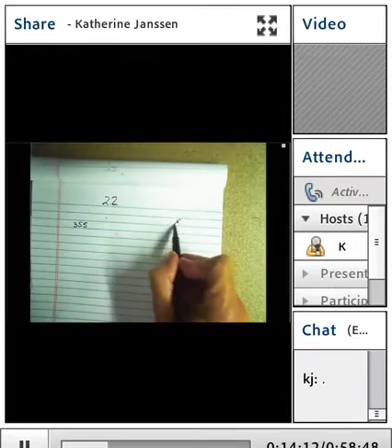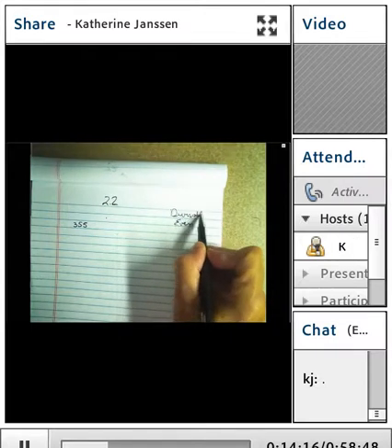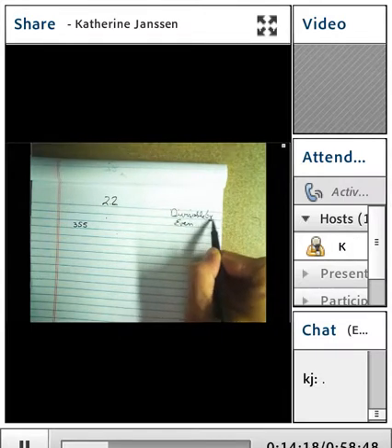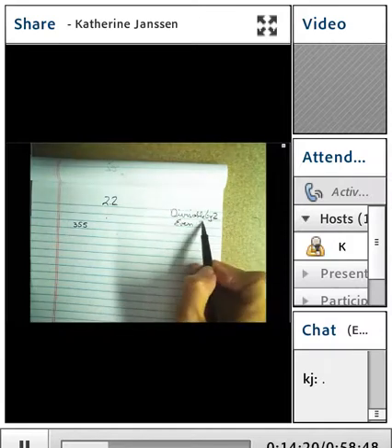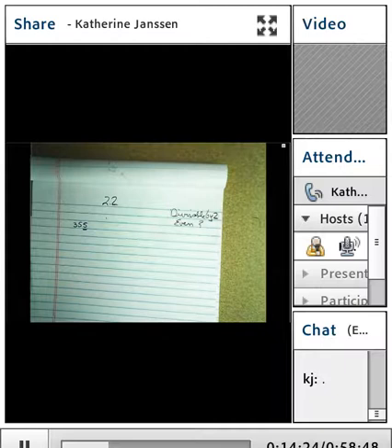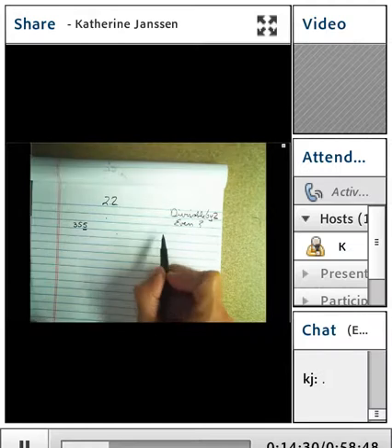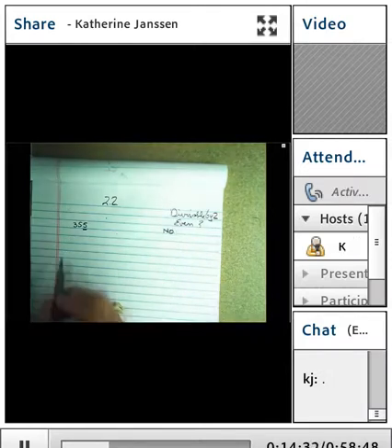Is it even? Divisible by 2. So we look at the ones unit, and it is not an even number, 0, 2, 4, 6, 8. So no.